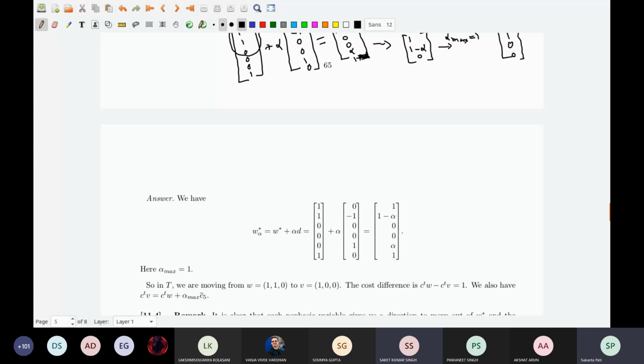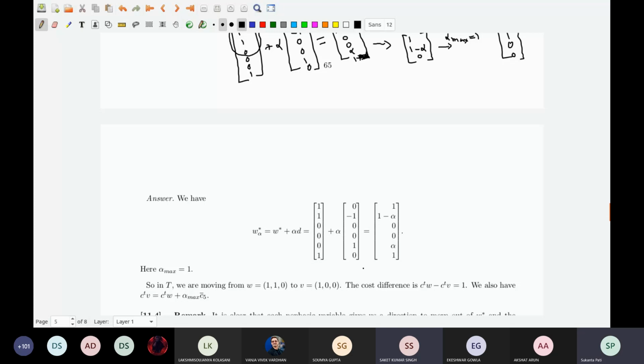Excuse me, sir. If the C bar transpose has all positive values or all negative values, then we can conclude about local maxima or minima. But if it has partial positive and negative, then we cannot conclude. So how are we saying that we need to move away from that point so that we can get better? Ruko.